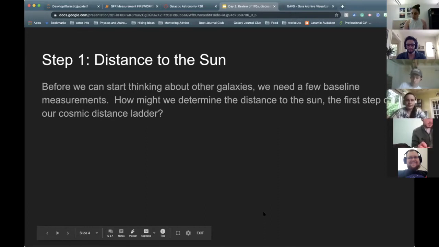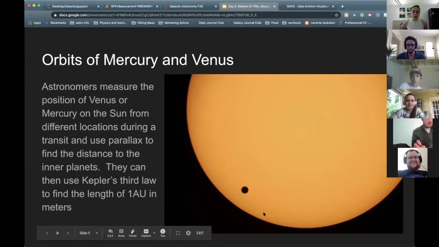Back before there was radar that we could bounce off of Venus, you can also use transits. So we can look at the transit of either Mercury or Venus across the sun. It has to be Mercury or Venus because the other planets won't transit because they're outside. And you can use timing of these transits with Kepler's third law, as well as parallax to figure out the timing.